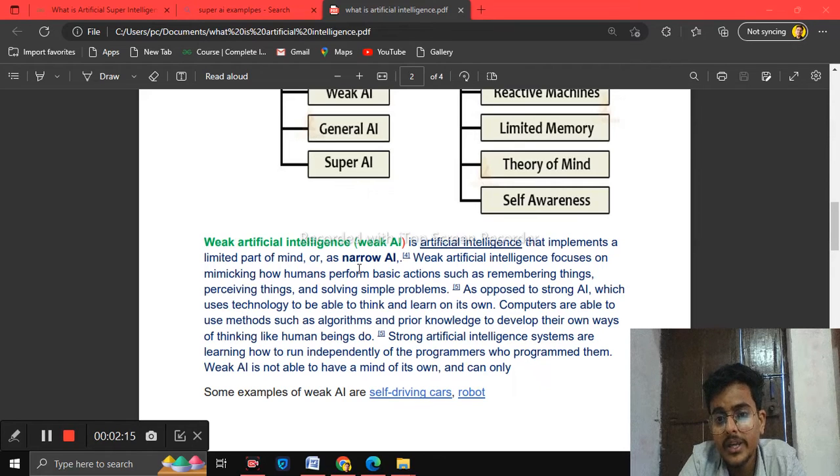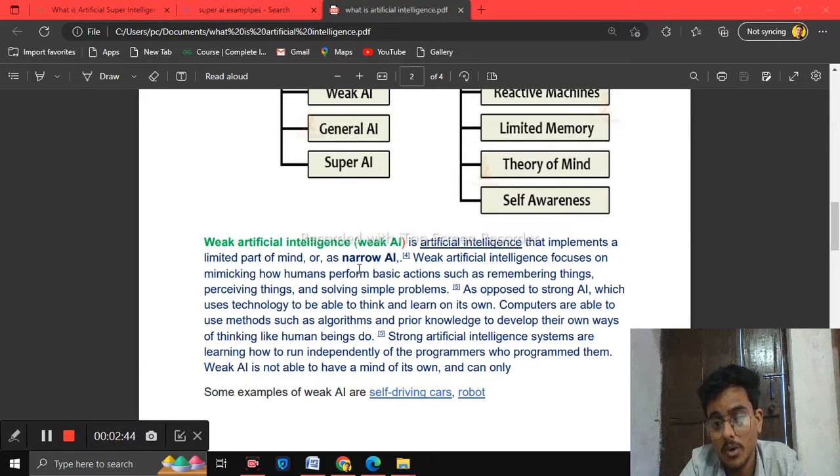Weak AI focuses on mimicking how humans perform basic actions such as remembering things, perceiving things, and solving simple problems. What does it mean? It means it behaves like a human. Weak AI is used in solving simple problems, not tough, not hard problems.